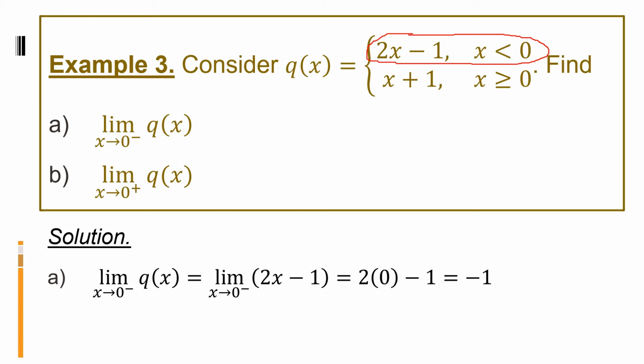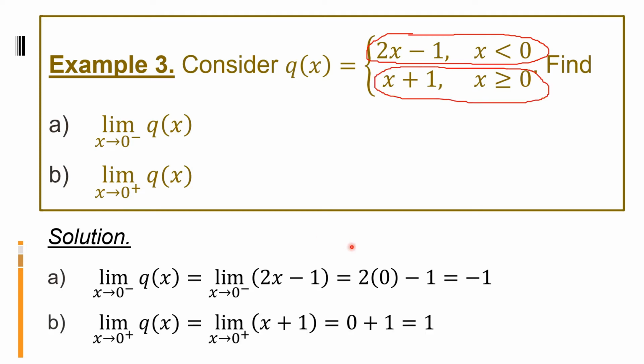For letter B, since we are looking for the limit as x approaches 0 from the right, means x is greater than 0. So ito naman yon. The limit as x approaches 0 from the right of q of x is equal to the limit as x approaches 0 from the right of x plus 1. So yun ang gagamitin natin. By direct substitution, that is 0 plus 1, or equal to 1.